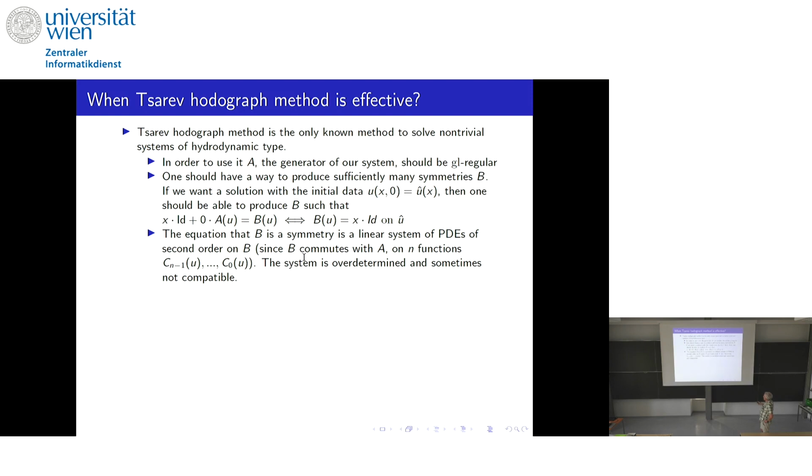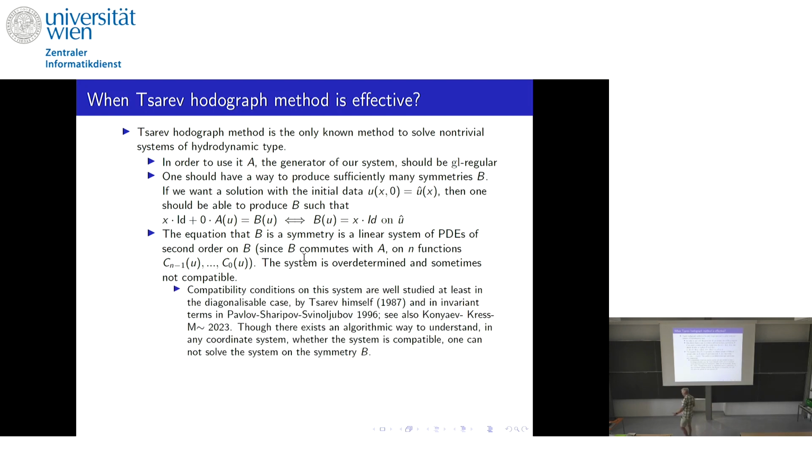Since B commutes with A, one can write down the system on the coefficients of B. The system is overdetermined, sometimes not compatible. Compatibility conditions are well understood, so one can read off from A when the symmetries exist. Tsarev himself did it in the diagonal case, the diagonalizable case. The result of Pavlov, Sharipov, Shinalyov, whom I mentioned, did it by an invariant formula, which applied to any matrix A, not necessarily in diagonal coordinates, and we slightly refined it quite recently.